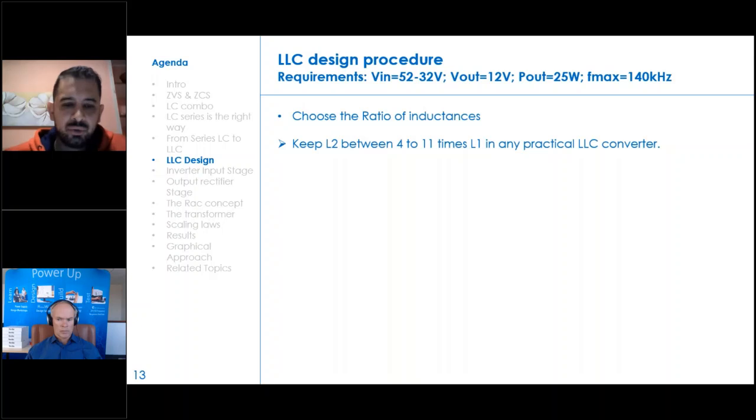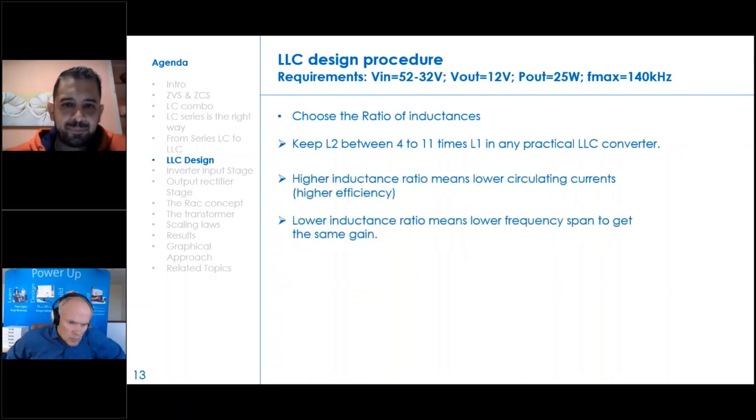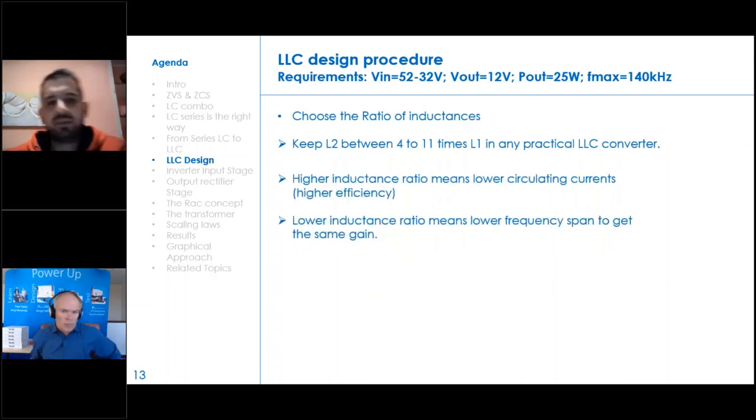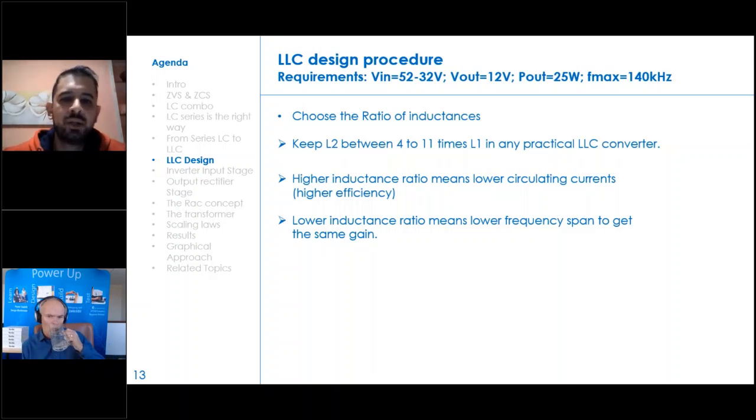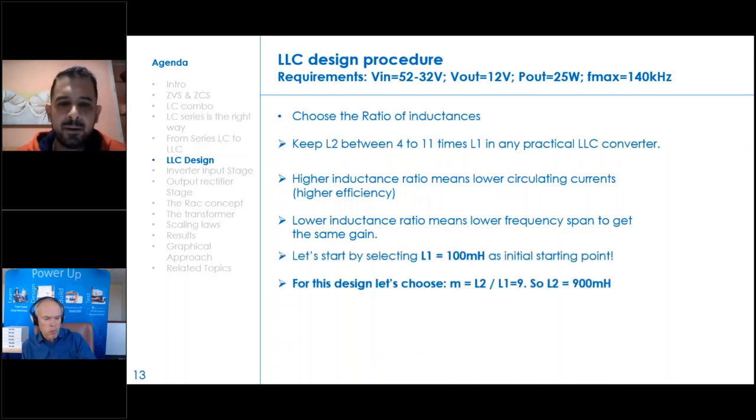According to these requirements, we have understood that higher inductance ratio means lower circulating currents. And at the same time, lower inductance ratio means lower frequency span to get to the same gain.